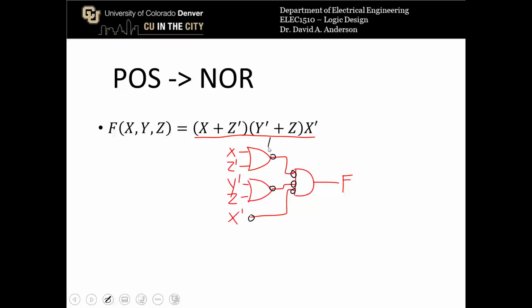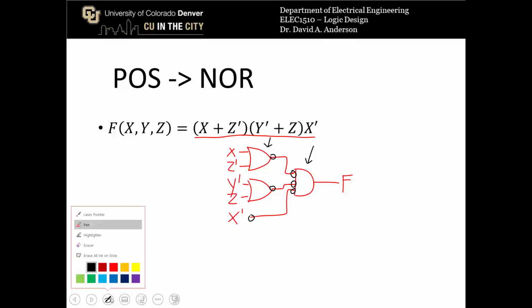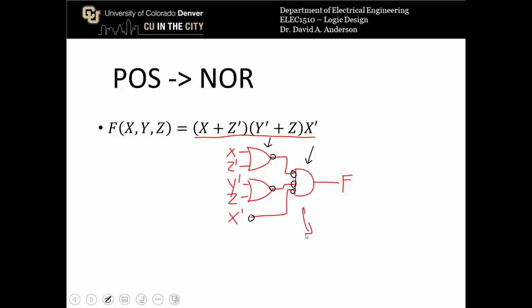Now, as you can see, these are NOR gates, and an AND gate with complemented inputs is equal to a NOR gate. So when I redraw this circuit, it's going to look like this: x, z', y', z, and x, because the prime here and the bubble cancel each other out.